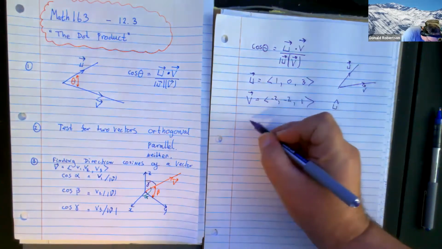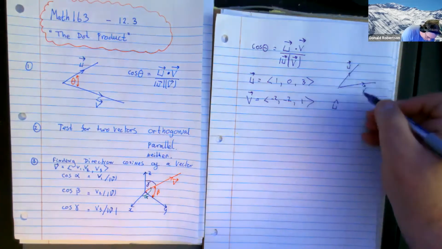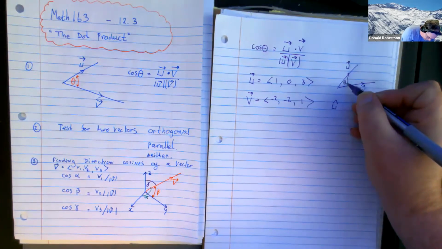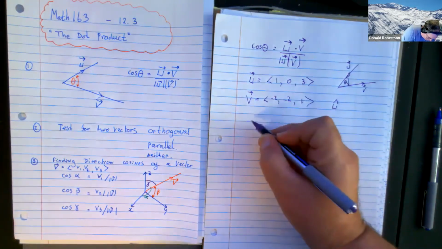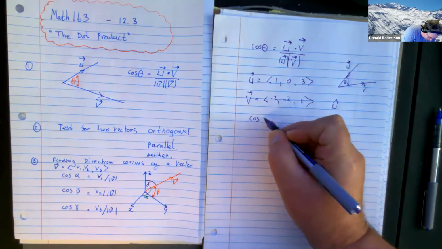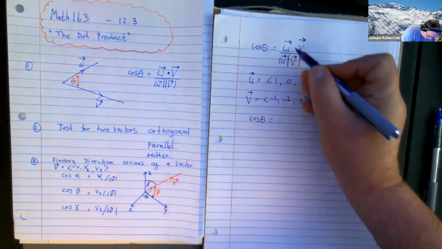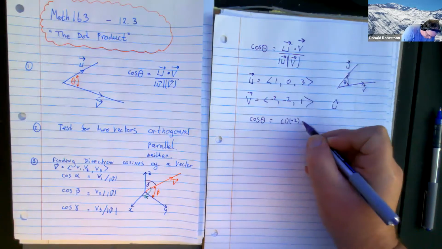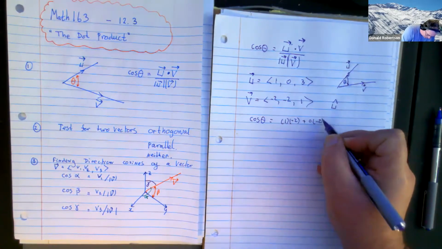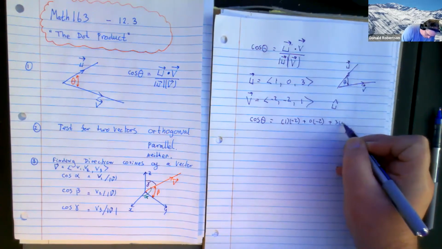So anyway, I'd like to know the angle between these two vectors. In other words, I'd like to know theta, and that's pretty straightforward. Cosine of theta is the dot product: 1 times -2 plus 0 times -2 plus 3 times 1.